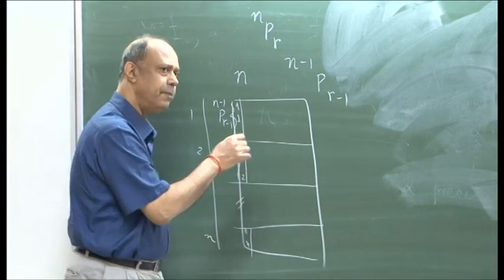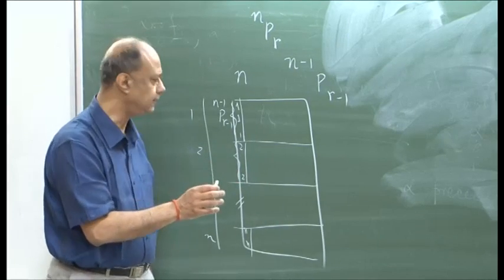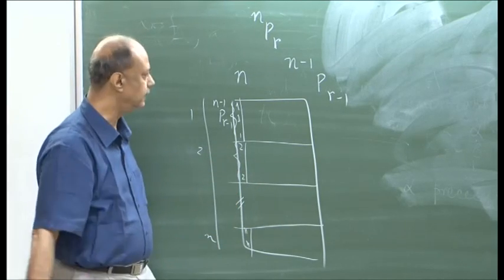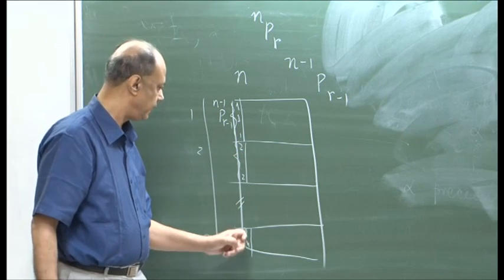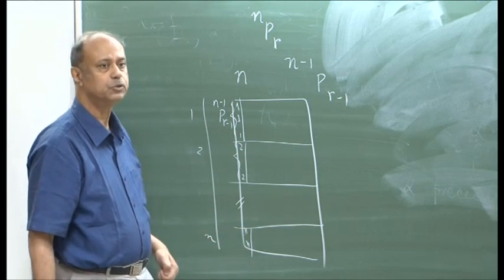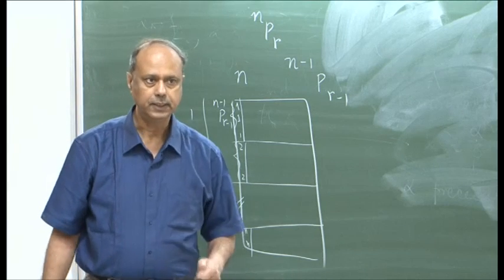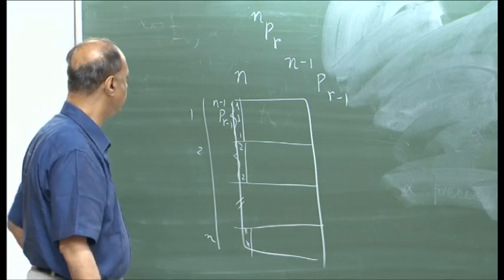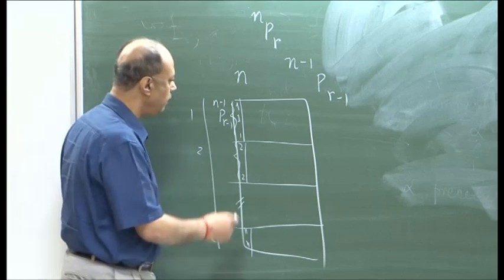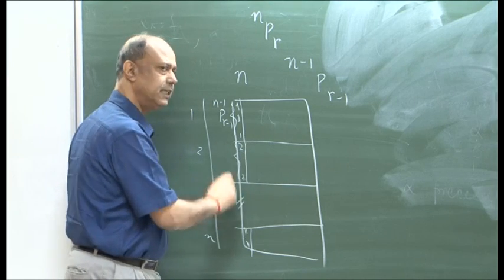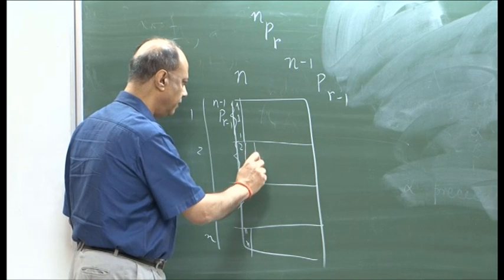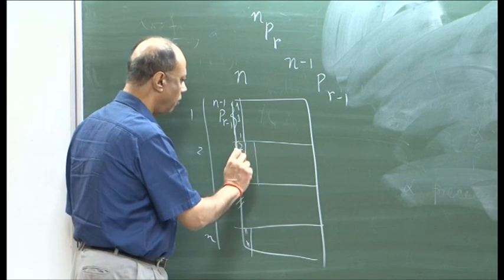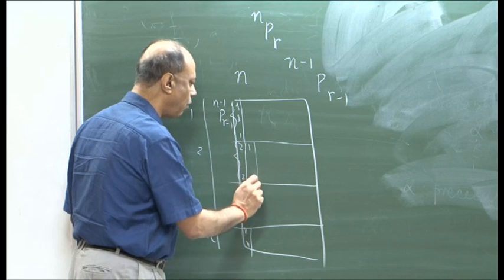Now, I have to make some arrangement such that 2 comes as the first element, n comes as the first element, and so on. Right? Now, if I know that the first element is 1 or 2, what I want is to put all ones here.